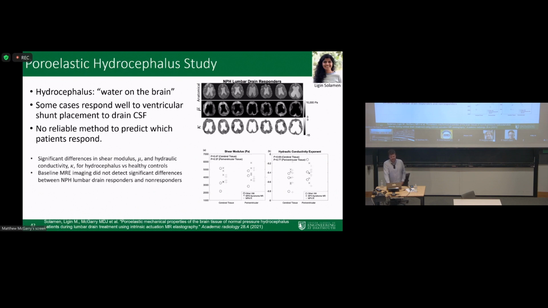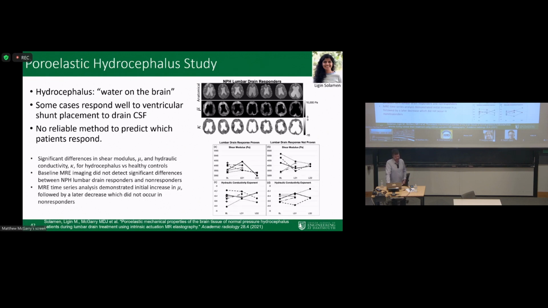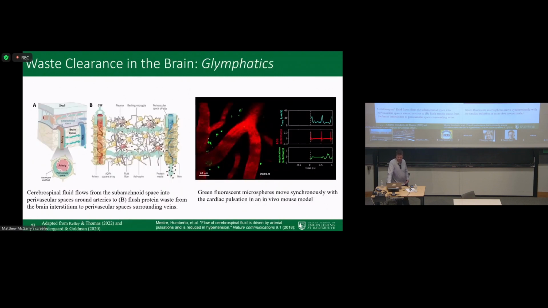Unfortunately, we didn't detect significant differences in baseline MRE properties, so we weren't able to show that we can predict which ones respond and which ones don't, but we did show that imaging over time shows an interesting time course. So the evolution of the stiffness and hydraulic conductivity is different for people who respond and don't respond. So that gives us some interesting data for designing future studies.